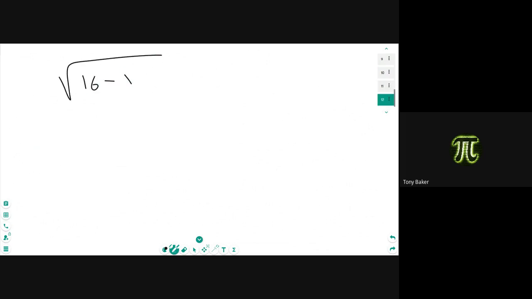Square root of 16 minus x squared equals what? What's this make? Which shape? Can I get rid of the square root? Yep. I move the x over.